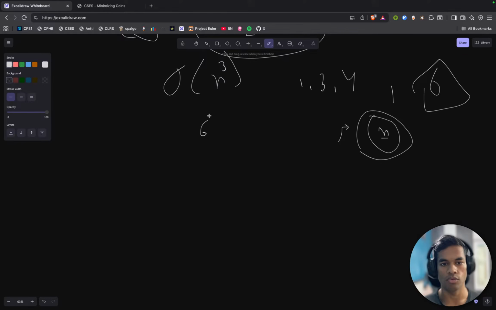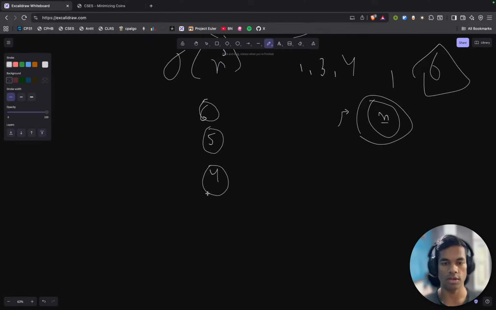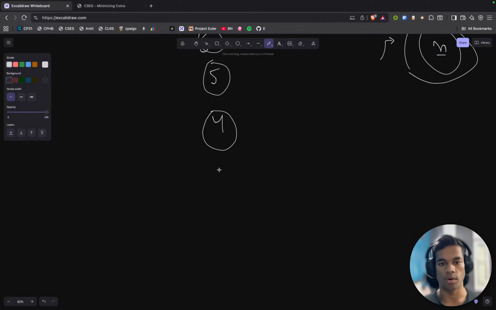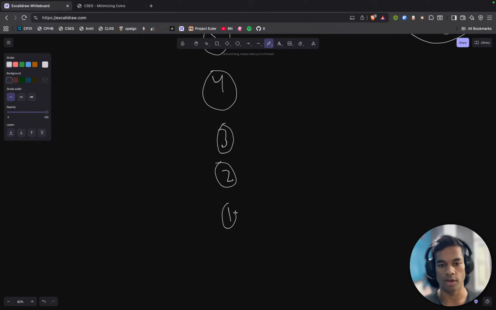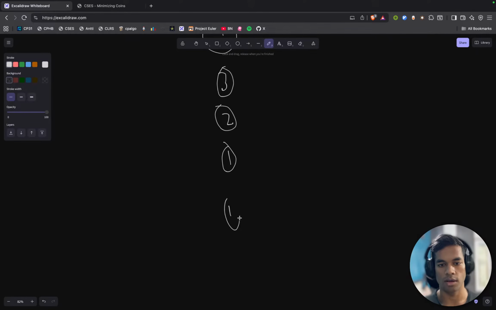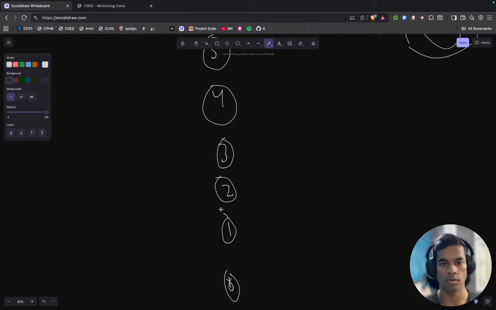So to solve 6, we could also solve f5, a subproblem of size 3, 4, a subproblem of size 3, a subproblem of size 2, a subproblem of size 1, and 0.